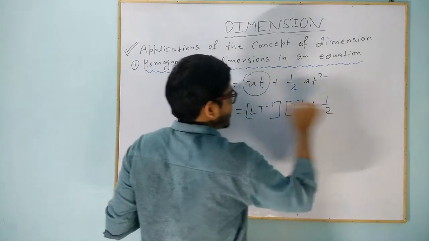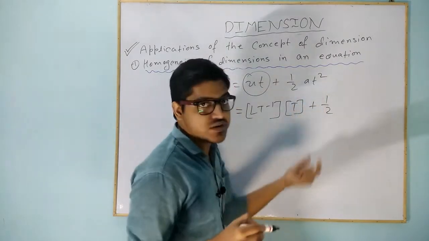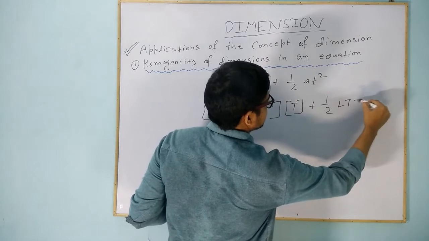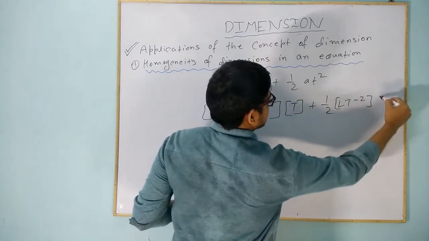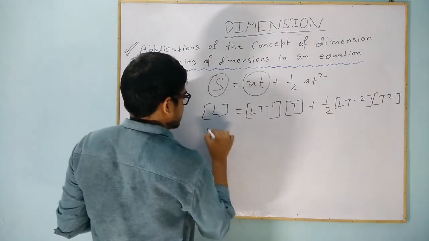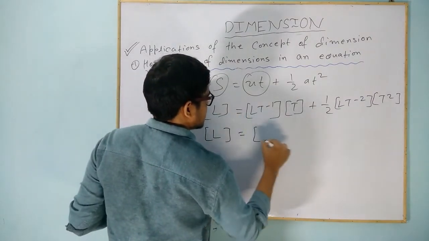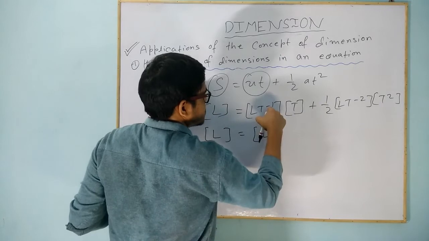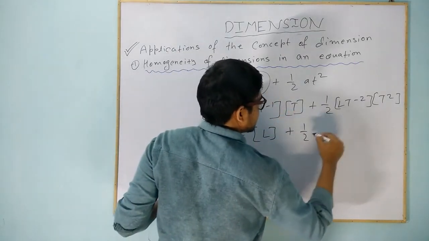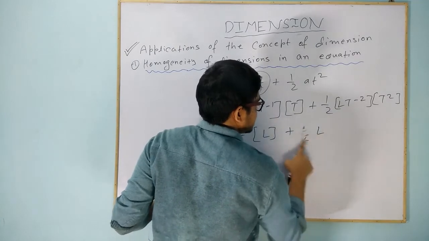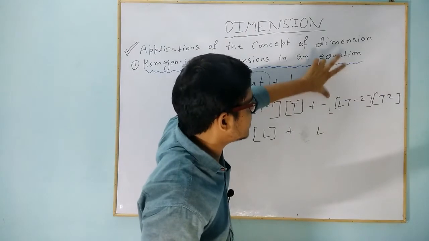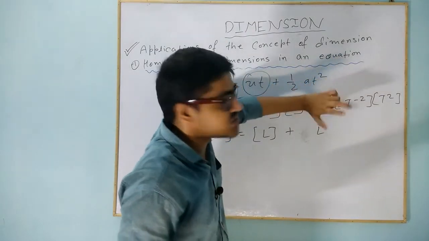We are writing the dimensions of each of these quantities. Acceleration meter per second square, that means L t raised to the power minus 2, square of time, dimension would be t square. So t raised to the power minus 1 and t will cancel out. Half, 1 by 2 being a number, is dimensionless, so just ignore it.